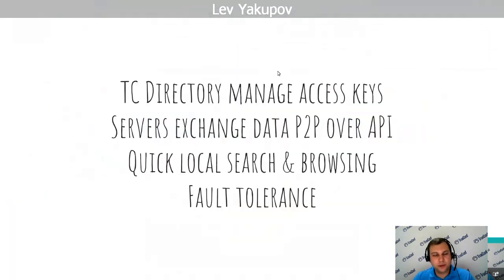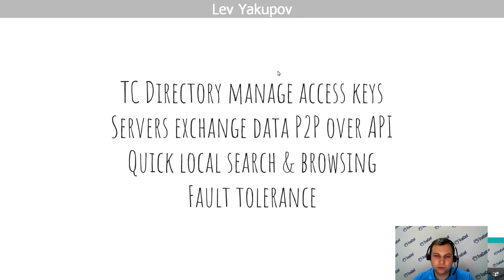To finish with this extension, you have to understand that the directory manages access keys. It doesn't exchange information. Your servers exchange information between each other. We utilize our API to do so. Why is it important to have a full local copy of all third-party users on every server?